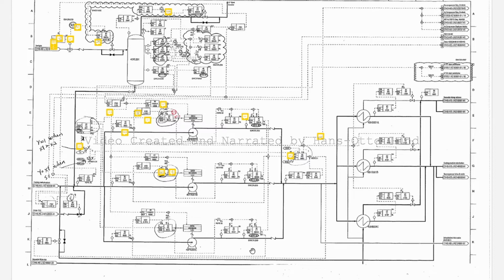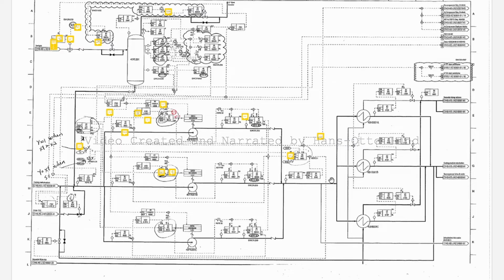Looking at the whole arrangement here, it consists of a seawater loop and a cooling medium loop. One of the differences between them is that the seawater loop is an open loop system, because the seawater goes through the system and is just dumped overboard, while the cooling medium loop is more like a closed loop system.